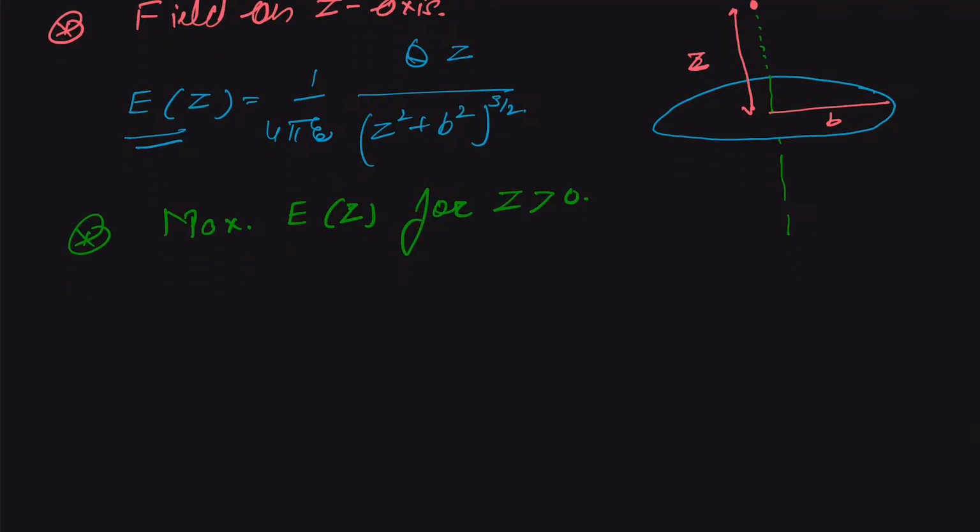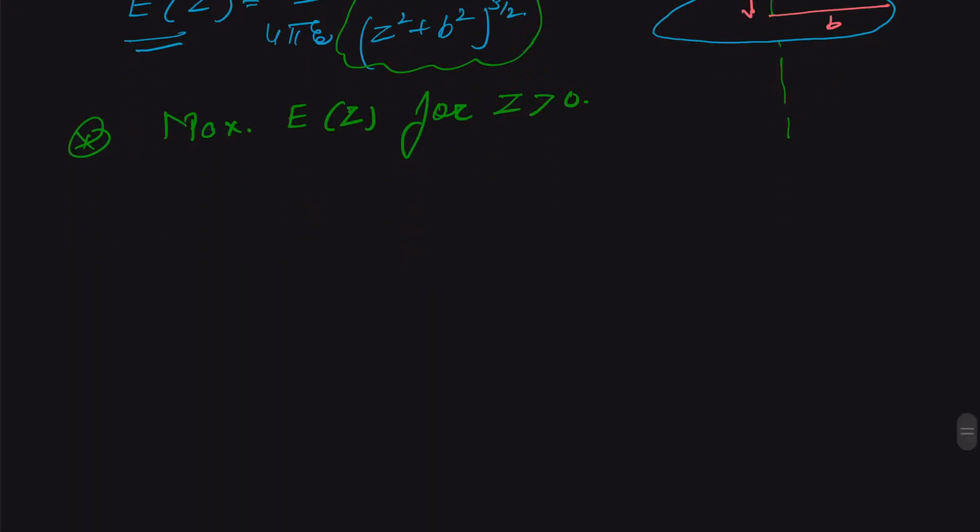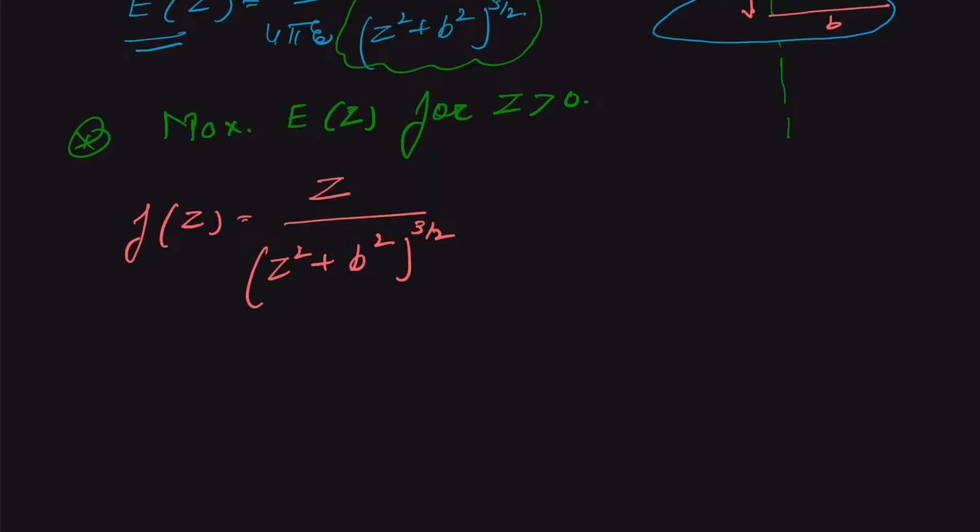So we are only interested in this part. Let us denote that as f of Z is equal to Z upon (Z square plus B square) to the power 3 by 2. So obviously we are going to differentiate it and equate it to 0.